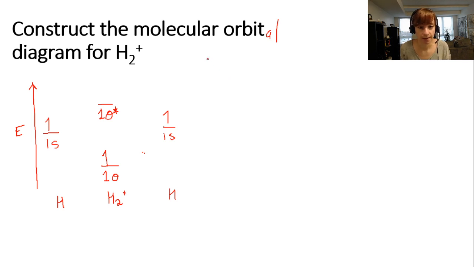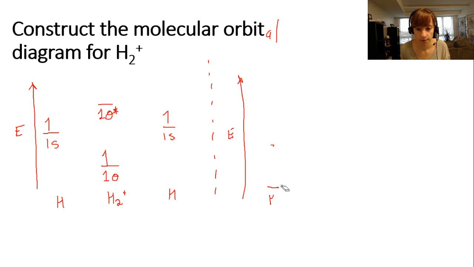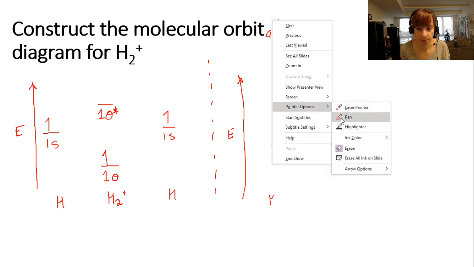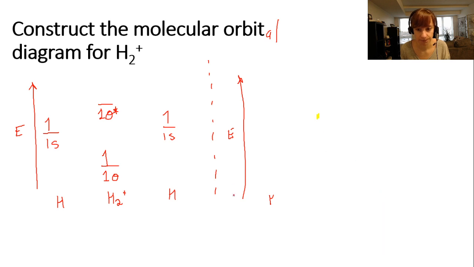Now just as a side note, even though this wasn't part of the question, so you can know the difference: if we had to draw the molecular orbital diagram for H2-, our orbitals would still be the same because we're still dealing with the same atoms coming together.